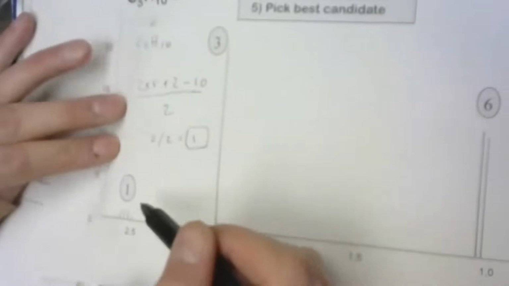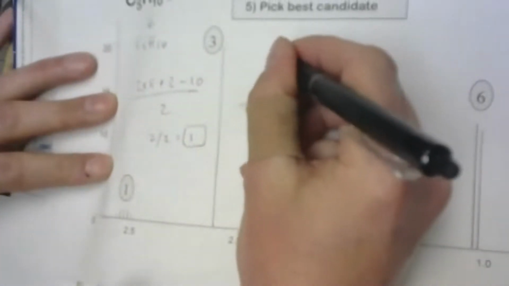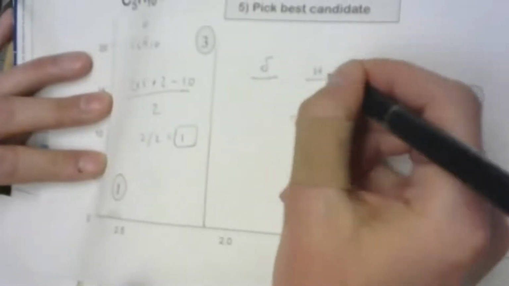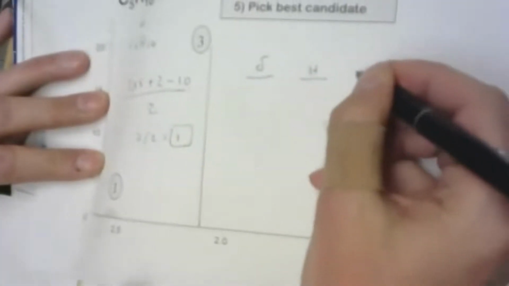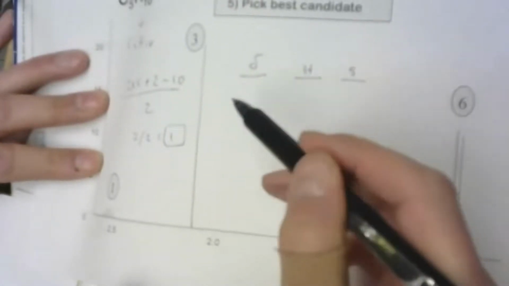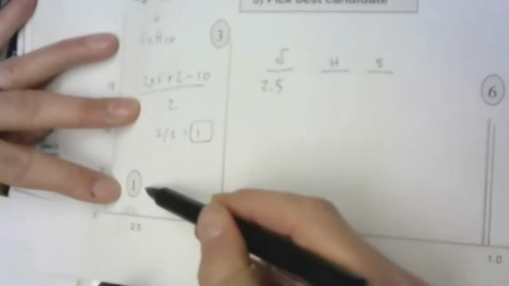So now we're going to make a little chart of our 3 signals. I do the chemical shift with a delta, I do H for integration, and I do S for splitting. So delta: the first one is 2.5. H: how many protons are in this signal?